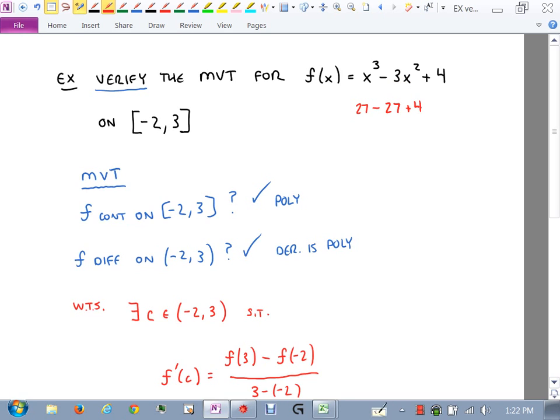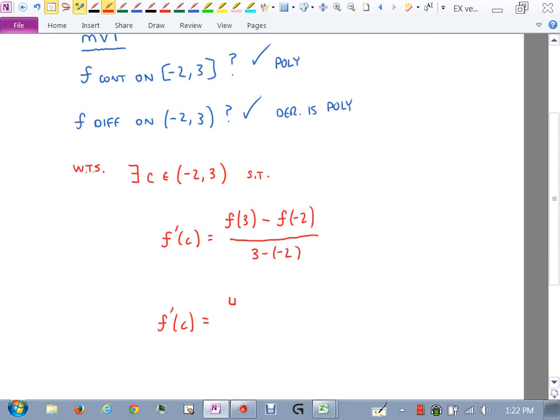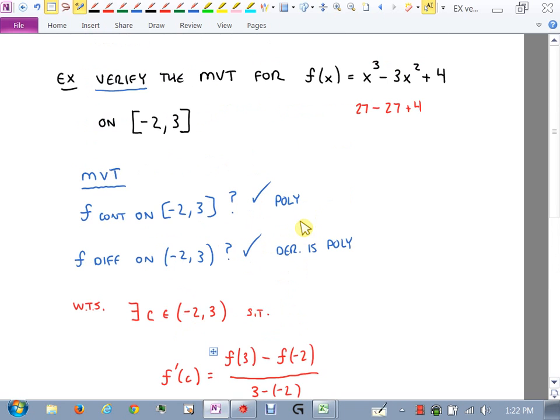So you get 4 when you plug in 3, right? So I get 4 up here, minus, now plug in -2 into the function. So what's -2 cubed? -8. Then I go minus 3 times -2 squared is 4, and then plus 4.